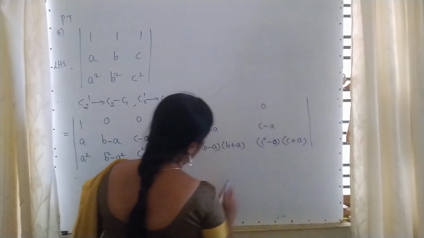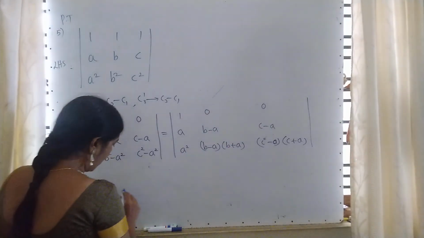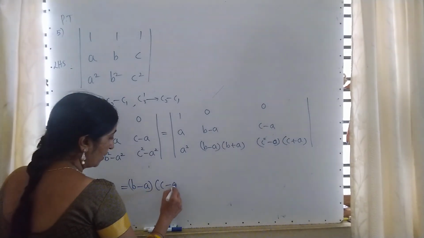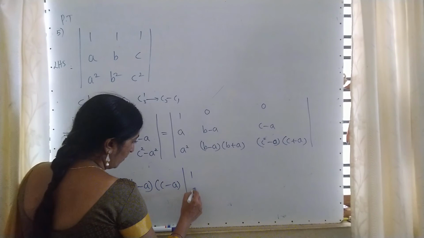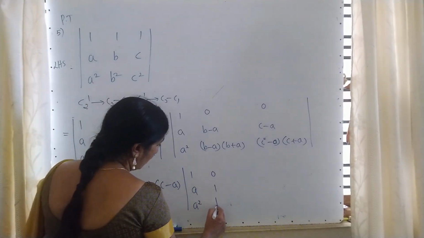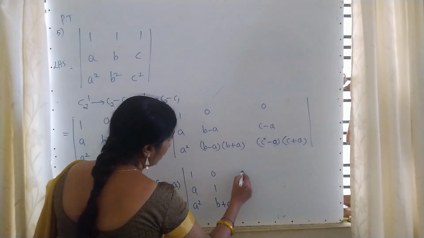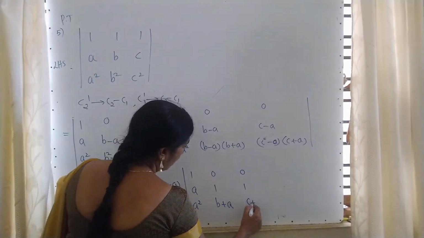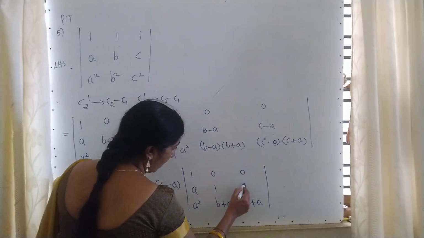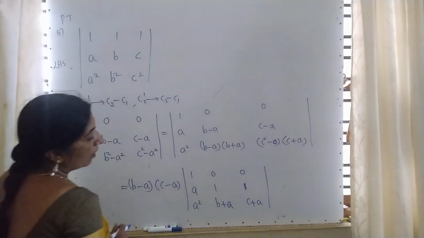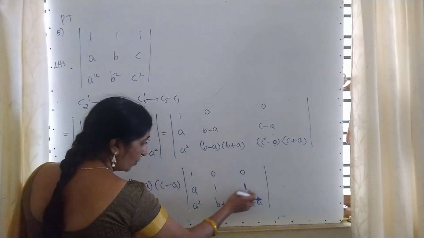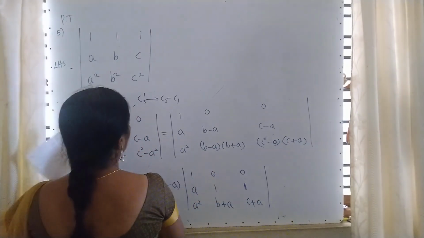So what is common? In the second row b minus a is common. In the third row c minus a is common. 1, a square, 0, 1, b plus a, 0, 1, c plus a. See, these two elements are 0, so try to make this element 0. How are you making it? This is C3, this is C2. C3 minus C2.